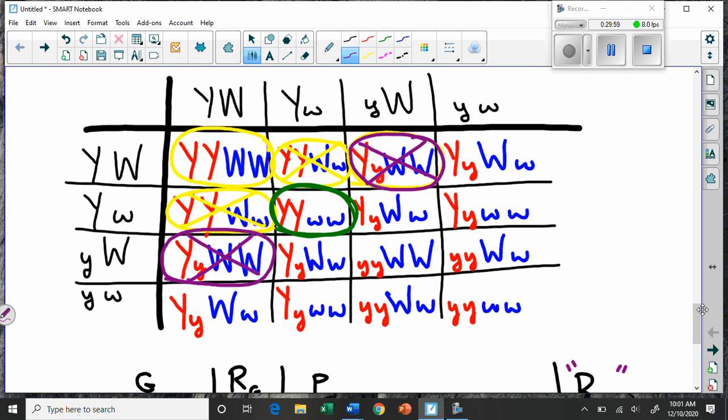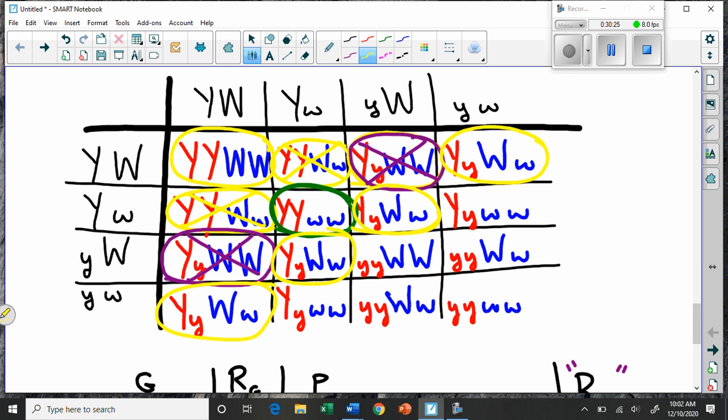Now, I'll go back to my yellow color again. Let's do this one. Heterozygous for both traits. There's one there. There's one here. It kind of goes diagonally. One here and one there. Now, of course, some of you like to memorize patterns. The pattern that I'm creating here with the diagonal only works if you've written your gametes in the same order.